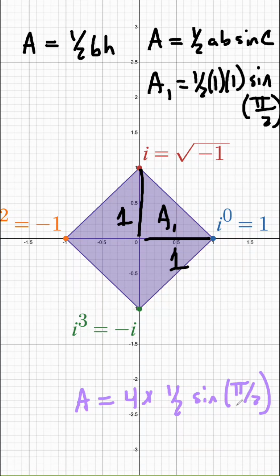And we have now calculated the area of that square, which we could just look at and do very easily. It's just 1 times 1, so a 1 by 1 square. Is that true? Actually, that's not true. But we get the area of that square: sine of pi over 2 is 1, 1 times 2 is 2, so the area of that square is 2.